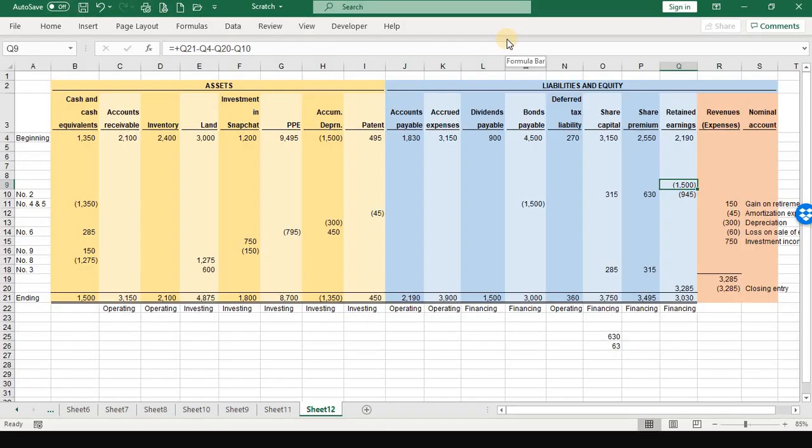So going back to the share capital account, the 3,150 is the beginning balance. The 315 was issued on February 2 upon the issuance of stock dividend, and the 285 is issued on March 1, which means the ending balance of 3,750 is already outstanding as of August 1, which is the shareholders of record date for the 2 peso cash dividend.